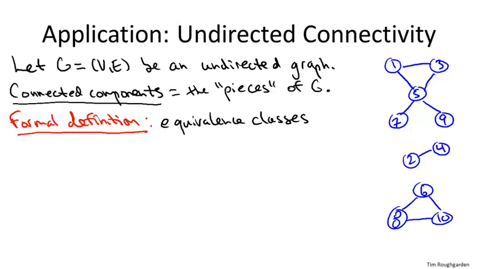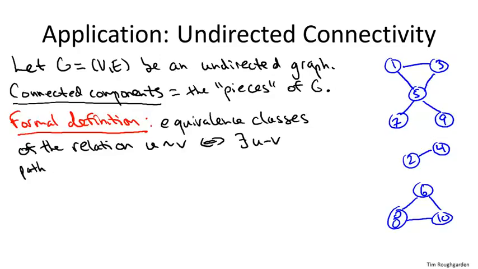What do I mean by a maximal region that's mutually connected? A good formal definition is as the equivalence classes of the relation on vertices, which we define by u being related to v if and only if there's a path between u and v in the graph G. I'll leave it for you to do the simple check that this squiggle is indeed an equivalence relation.